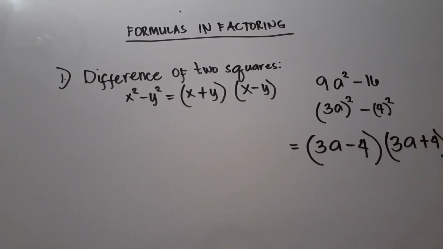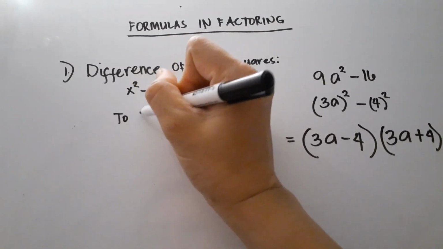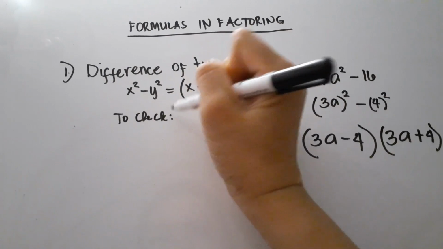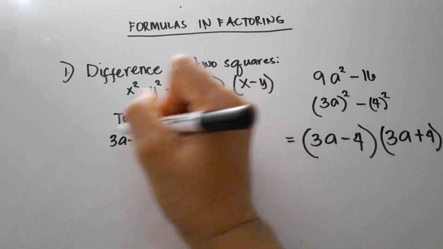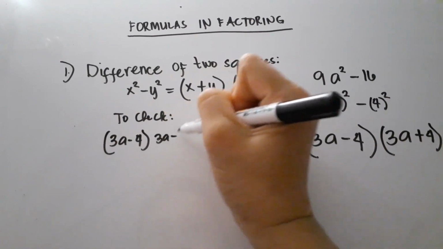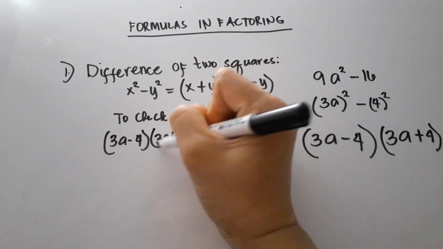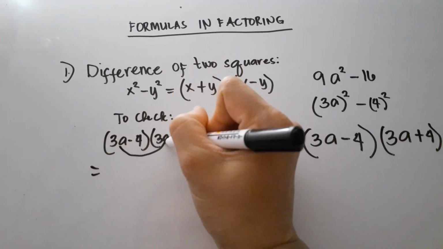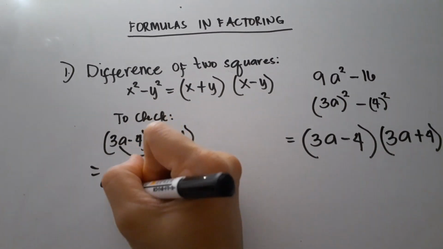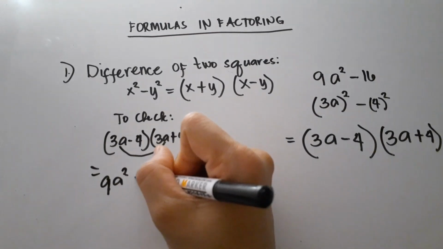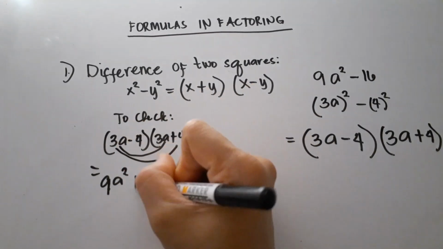Then in factoring, we can check if our answer is correct. To check, we can use the multiplication process. You should know how to multiply polynomials. 3a times 3a becomes 9a squared. Then 3a times 4 becomes 12a.